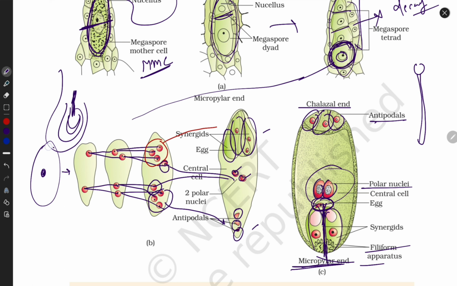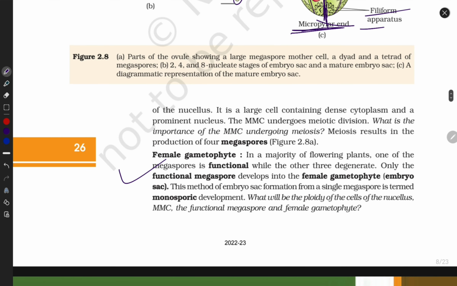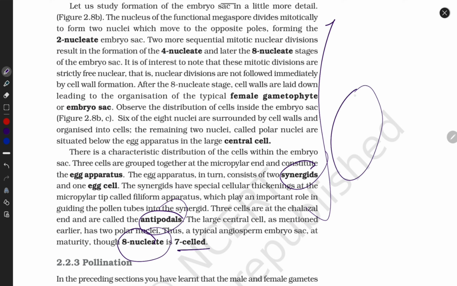Now clear how one cell nucleus divided into 2, 2 divided into 4, 4 divided into 8. How these 8 nuclei are arranged in this manner and how they fuse. Okay, look at here. Same or not? Whatever I explained there, all is already written here. What kind of synergid, what kind of antipodal cells, 8 nuclei, 7 cells, because guys, nuclei 1, 2, 3, 4, 5, 6, 7, 8, but they are 7 cells.